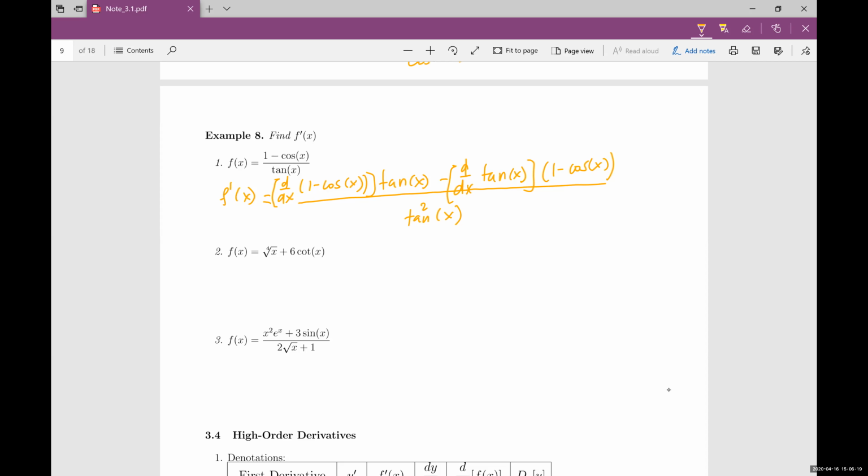So this will give you, let me change to a different color, the derivative of 1, which is 0.